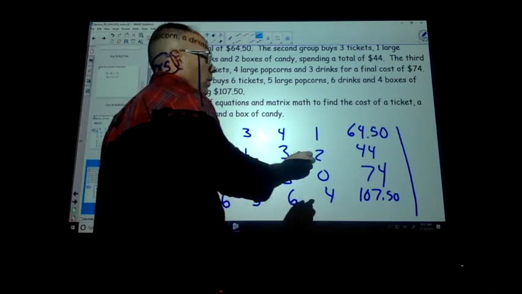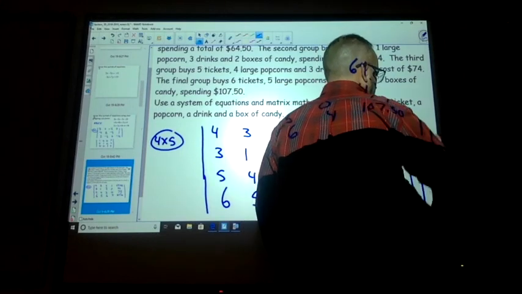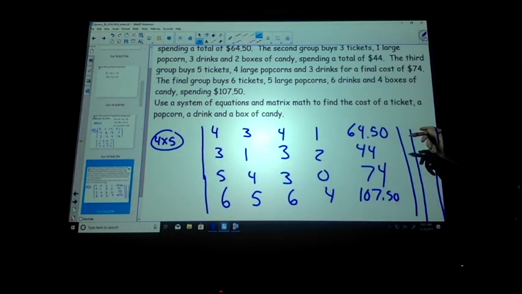So how your answer will come out is the answer will be the ticket first, and then popcorn, then drinks and candy. And that's it.